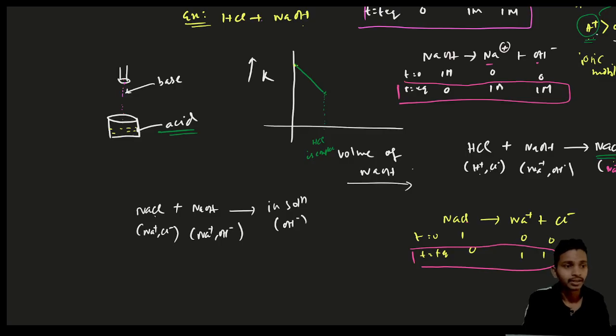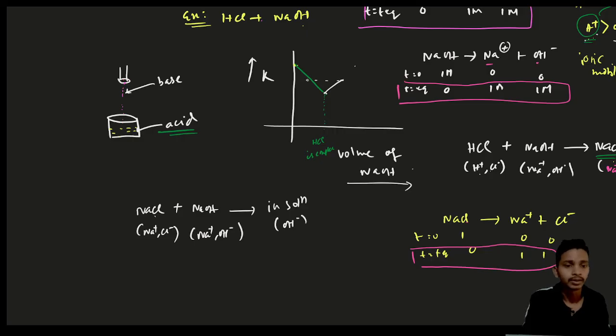Ionic mobility is high, then high conductance, so this again increases, but it will not increase up to this, because H plus ionic mobility is higher than OH minus, so it will stop up to here.